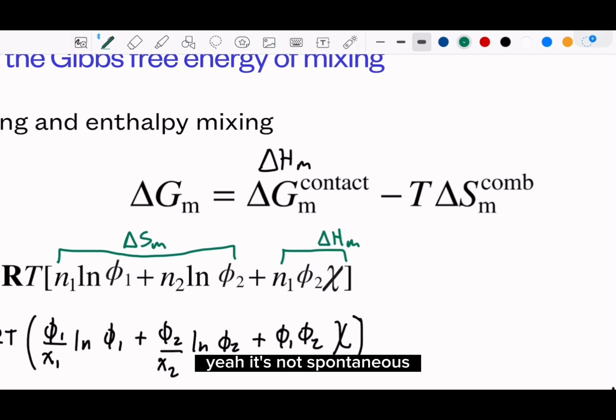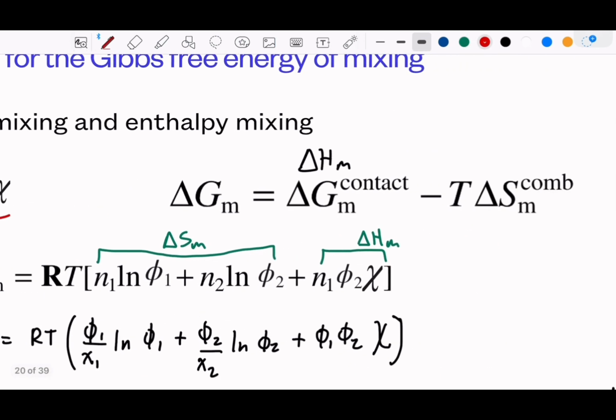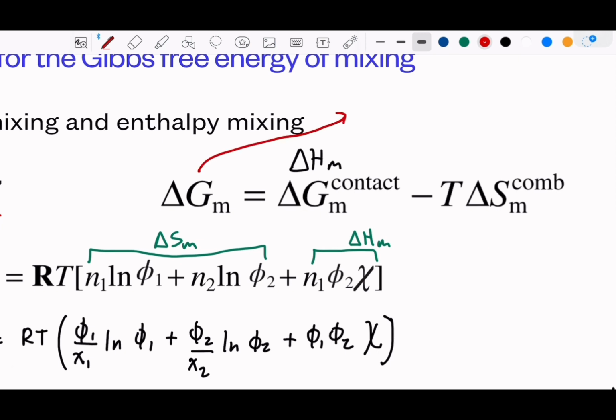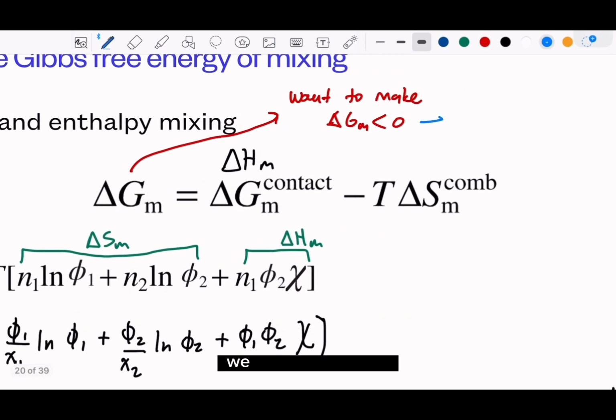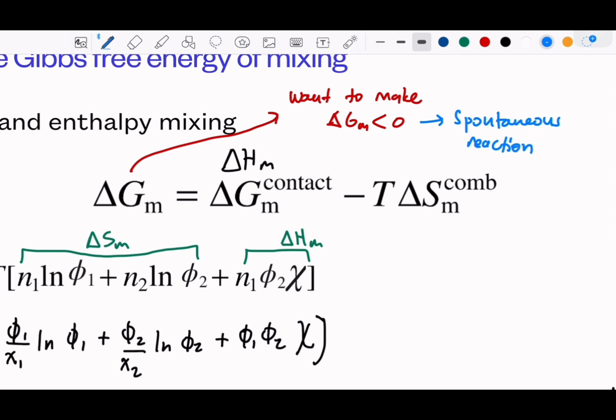Yeah, it's not spontaneous. So you want to make this delta G as negative as possible so that your reaction is spontaneous. Okay? So we want to make this delta G so that we say it is a spontaneous reaction. So how to make it negative?